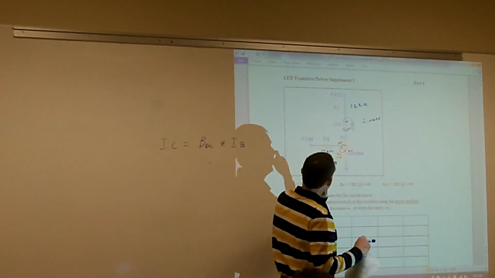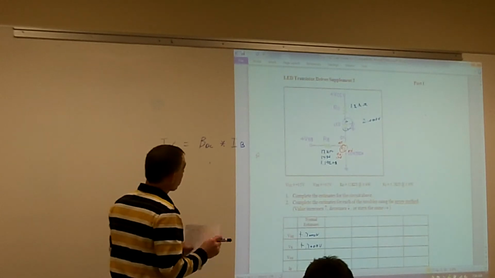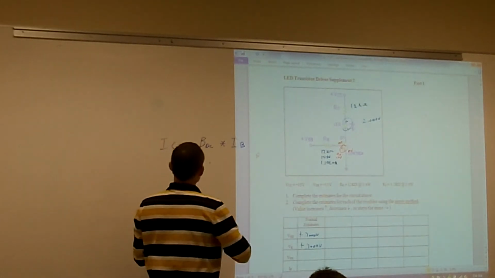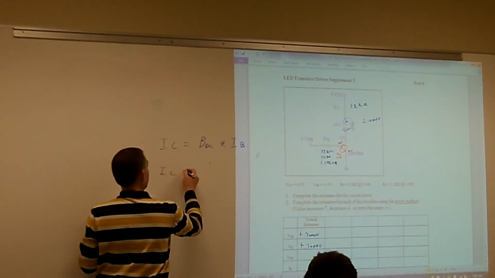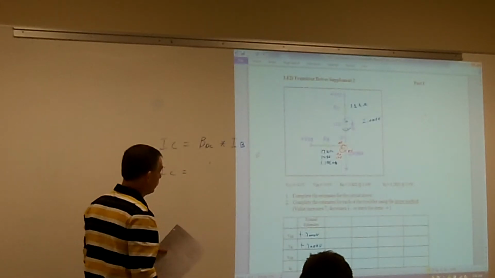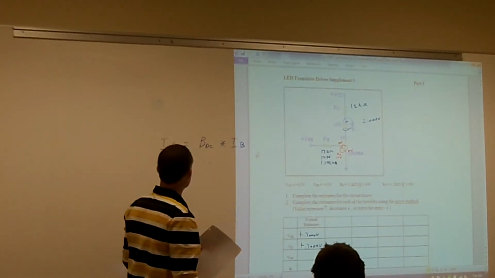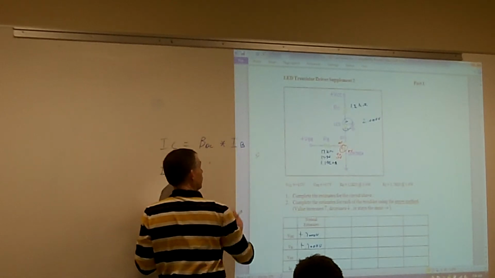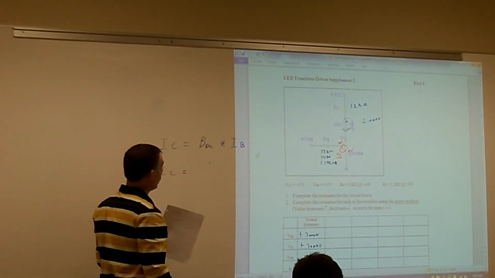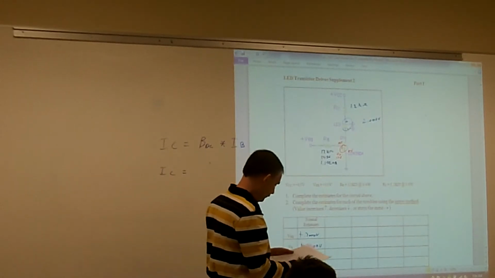That's going to determine how hard we're driving that transistor. So what's my calculated current for IC? If I don't give you beta DC, what do we use for approximations? 200. So you just take your 200 multiplied by your IB, and what do I get for IC?